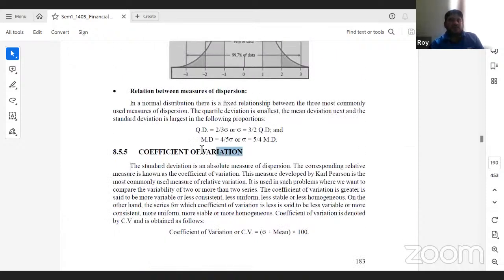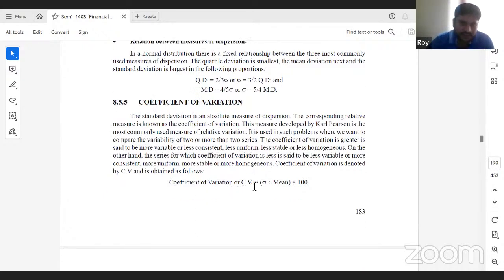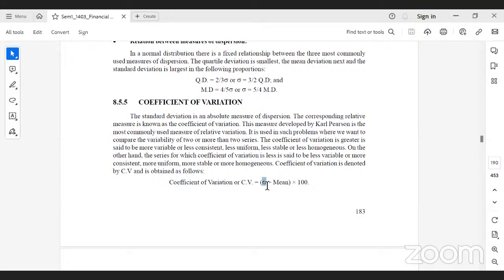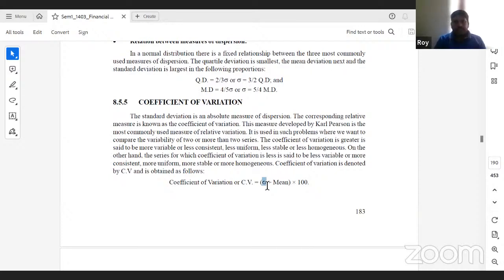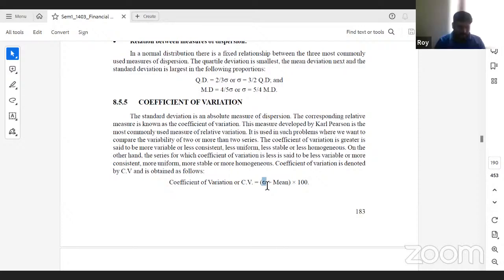Now let us go into the coefficient of variation. Very simple. Coefficient of variation, CV, is equal to sigma by mean. What does sigma denote?